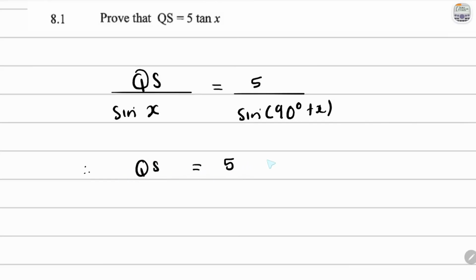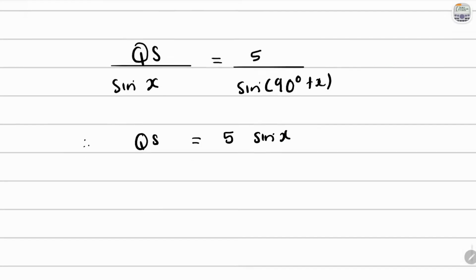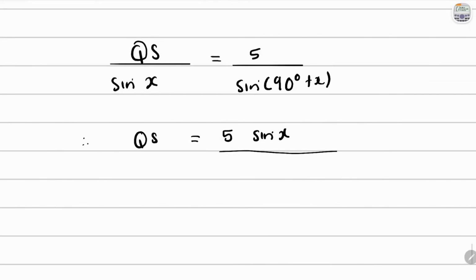QS is equal to 5 sine X all over sine of 90 degrees plus X.